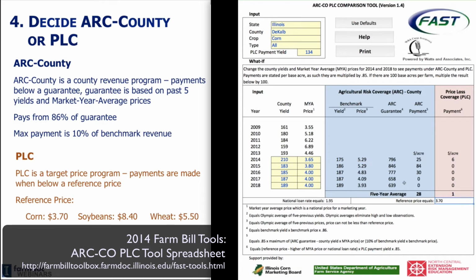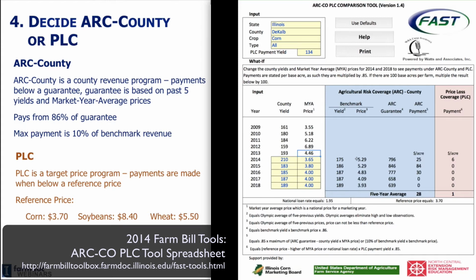Yep. And as Jonathan said, this 529 here, it's the average of 355, 518, 622, 689, 446. It's an Olympic average, so we throw out the low, 355, and the high, 689. And one other thing about this benchmark price calculation, you replace all prices that are below the reference price with the reference price.